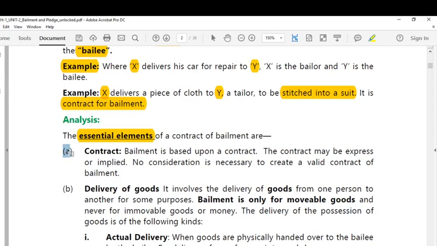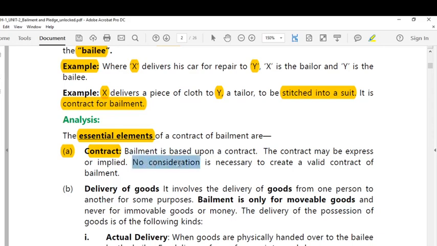The first one, there is a contract. Bailment is based upon a contract. The contract may be express or implied. Express means it is clearly spoken out, whether orally or written, or in some cases it could be implied also. And no consideration is necessary to create a valid contract of bailment.